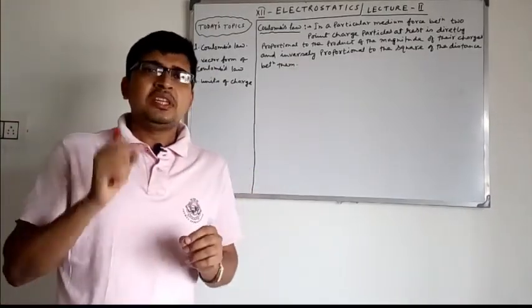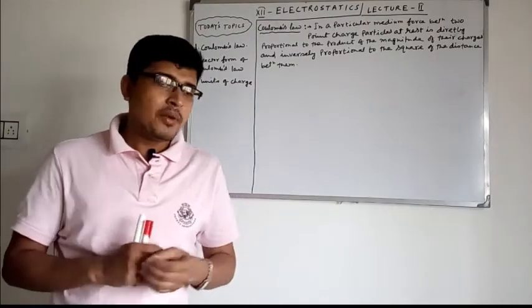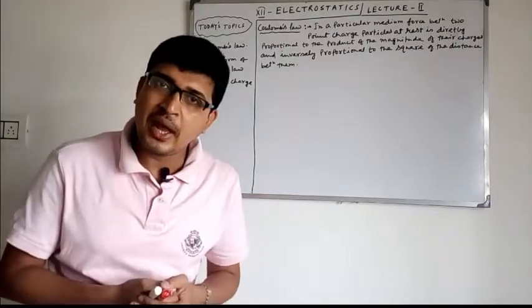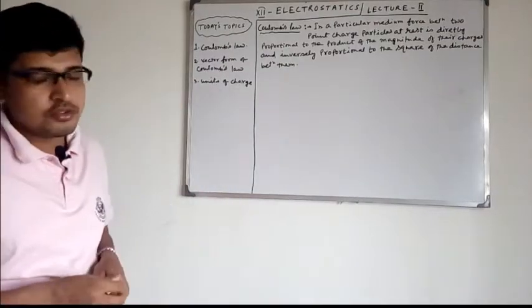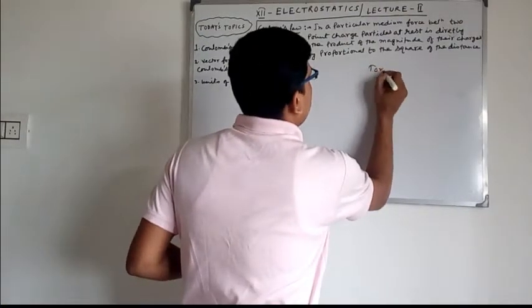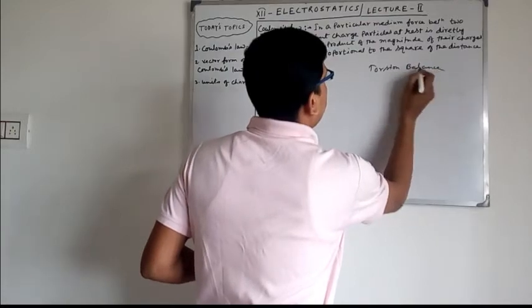So you know, this law was invented by French physicist Coulomb, and he used an instrument known as the torsion balance.